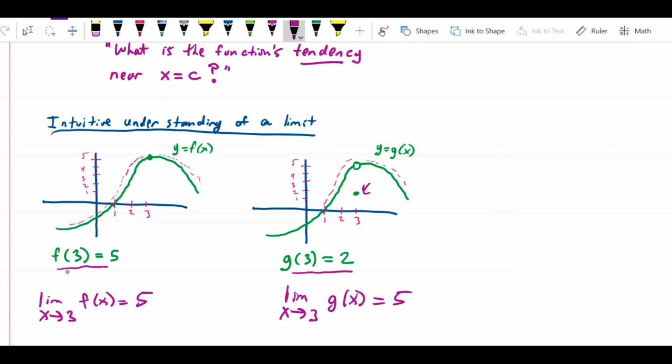It just so happens that the function had two different values at x equals 3. In the case of the left function, it was actually equal to 5. In the case of the right function, it was equal to 2.